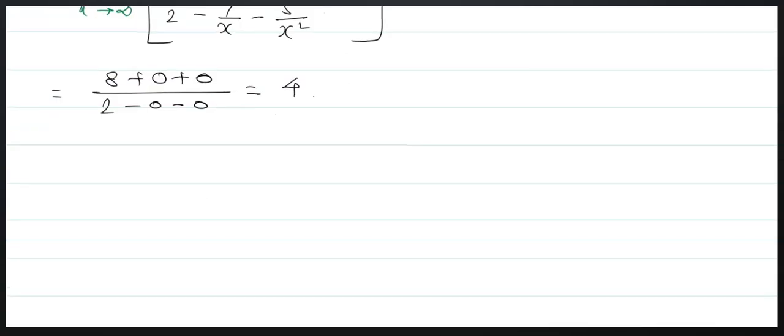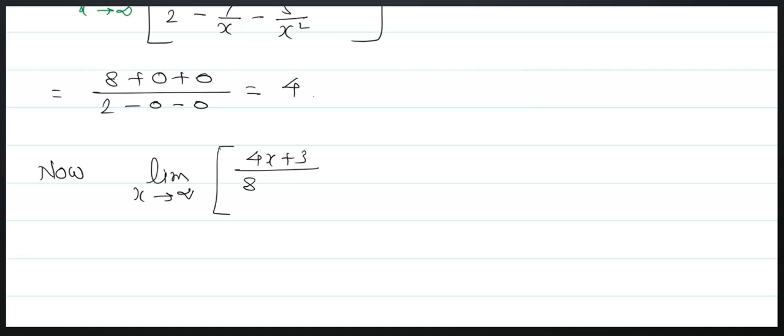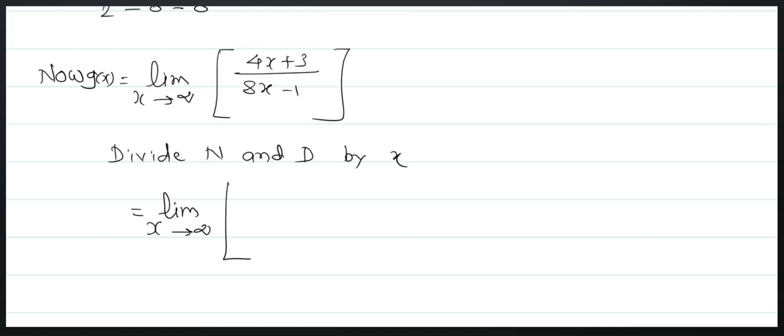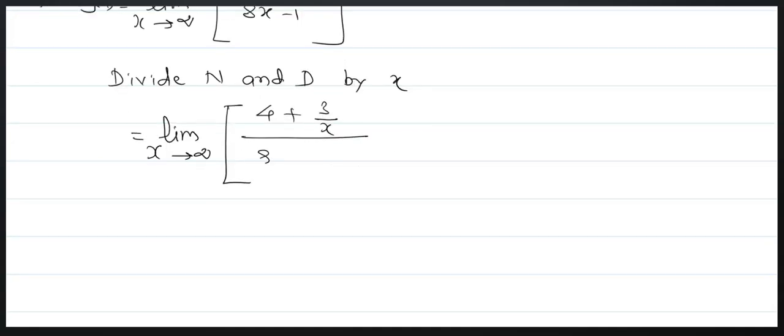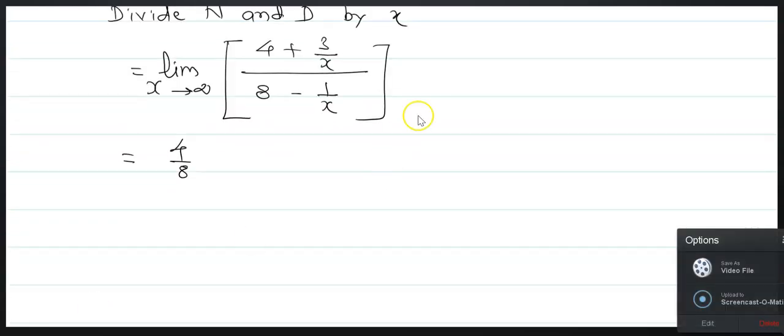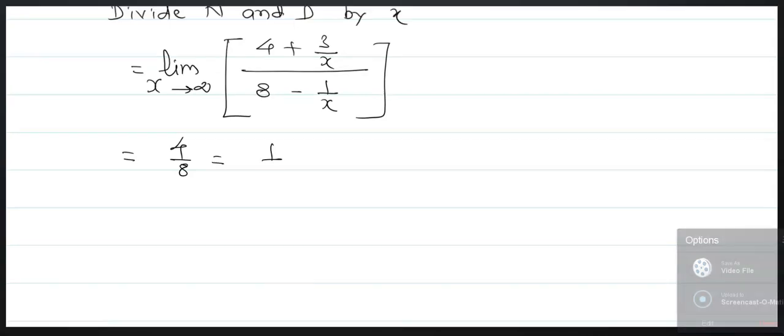Next is the limit of the exponent g of x. We take the limit x tends to infinity, 4x plus 3 upon 8x minus 1. Divide numerator and denominator by x. Therefore, you will get 4 plus 3 upon x, upon 8 minus 1 upon x, and that is 4 upon 8, which equals 1 upon 2.